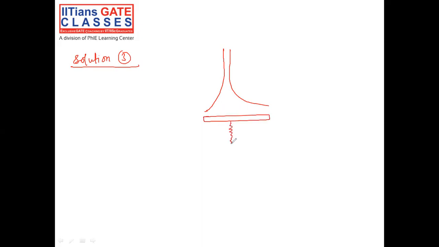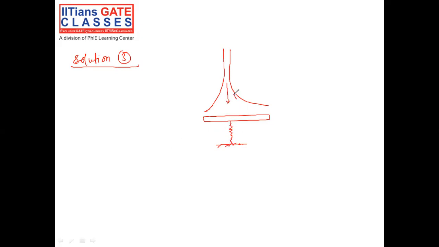Now see the solution for question number 3. And of course, I'm going to tell you the common mistake most of the students are going to make. This is the circular plate with which the spring is attached, and the spring has some deflection.